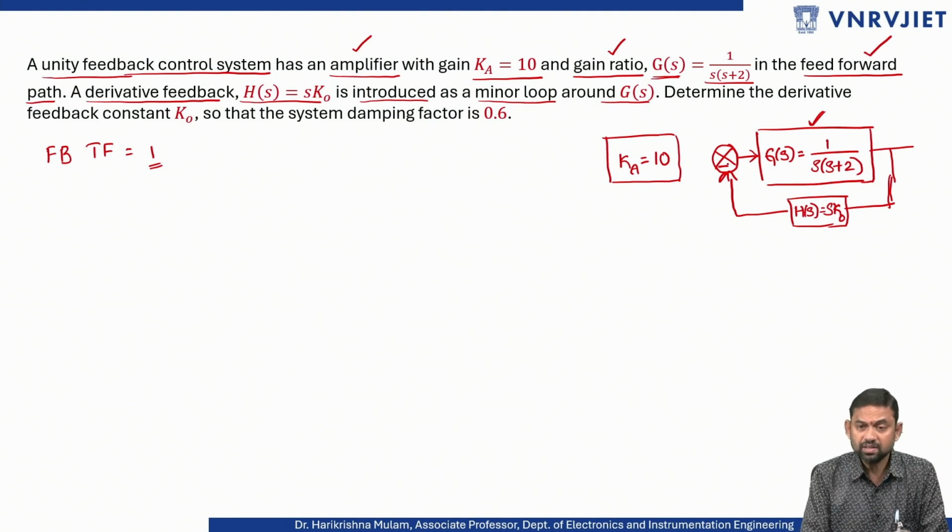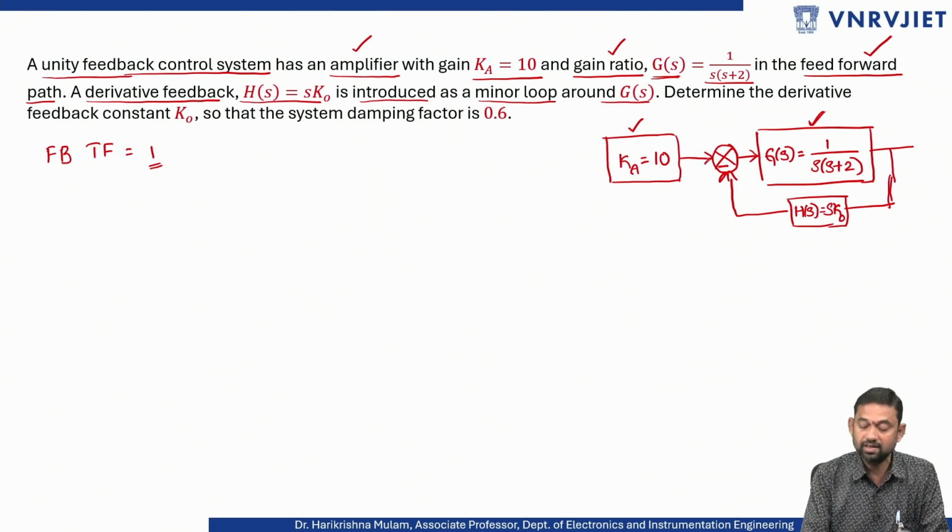So, as per the problem statement, in the forward path, the system has an amplifier Ka is equal to 10 and it also has a gain ratio G of S is equal to 1 by S into S plus 2. But this gain ratio has a feedback, which is equal to S K naught.